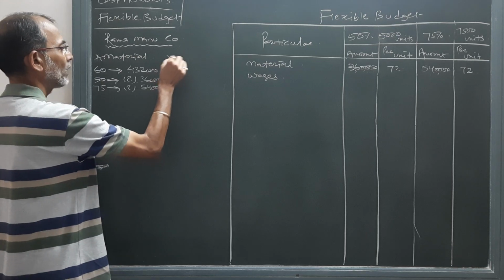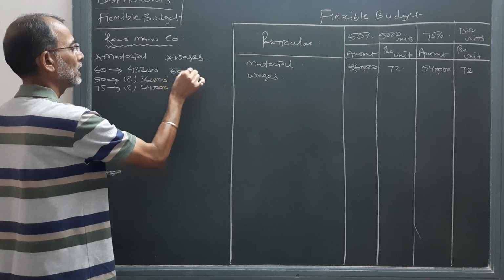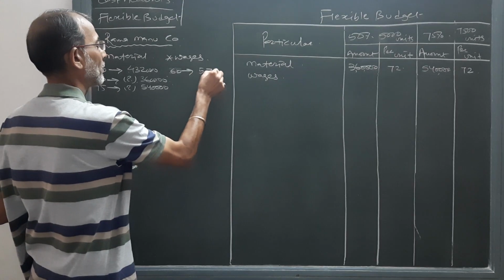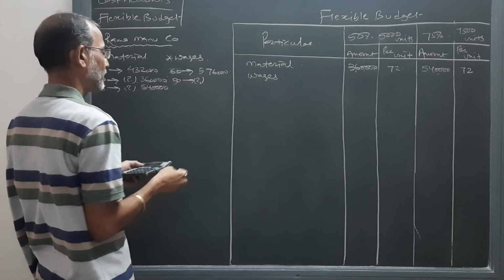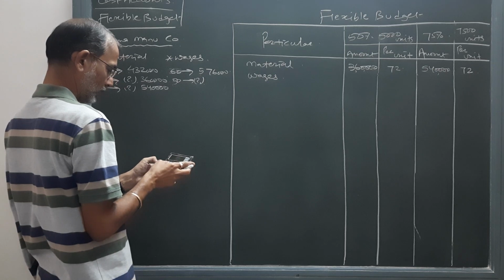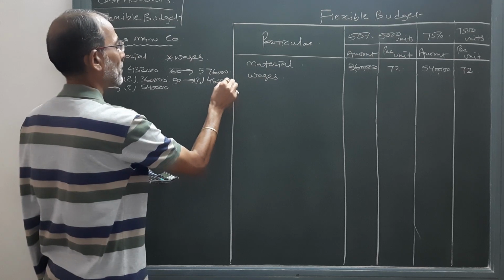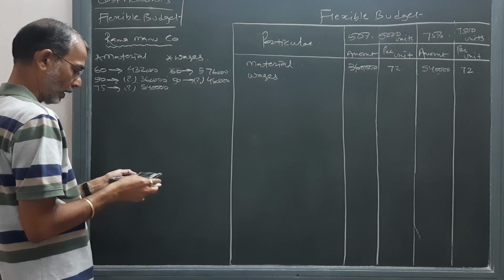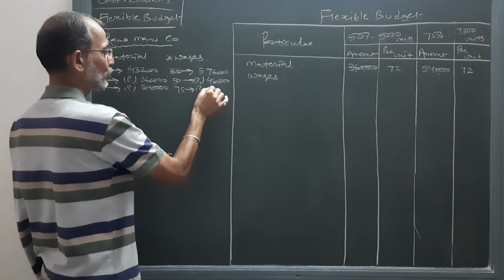Now if I come to wages at 60% capacity, that is 5,76,000. So what will it be at 50% capacity? 576 divided by 6 into 5, 4,80,000, and at 7.5 that comes to 7 lakh.